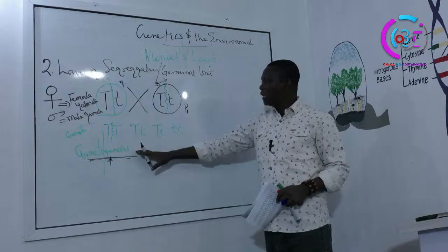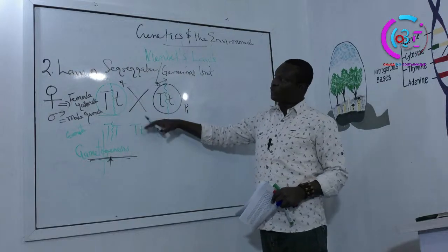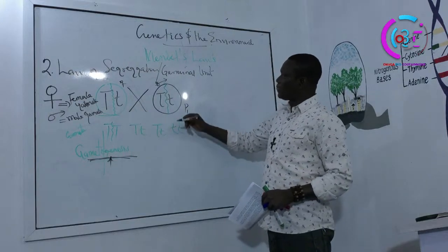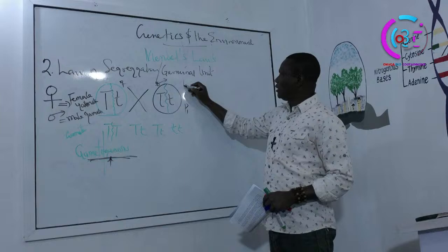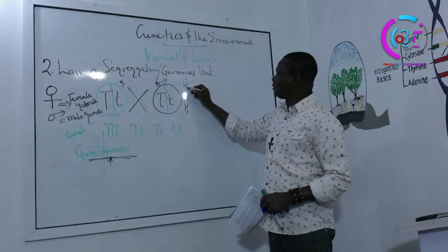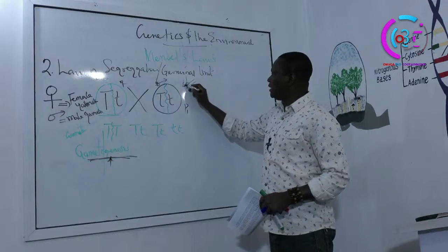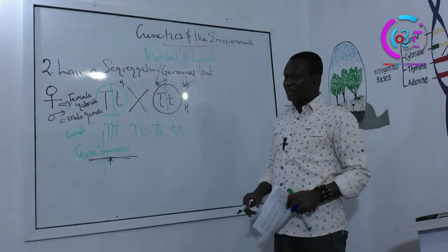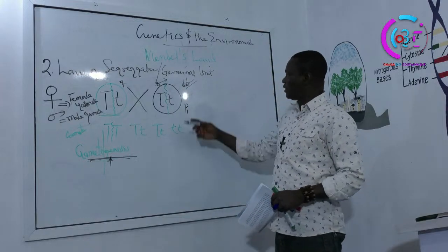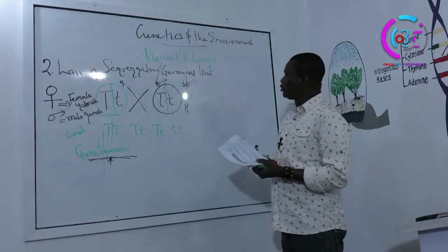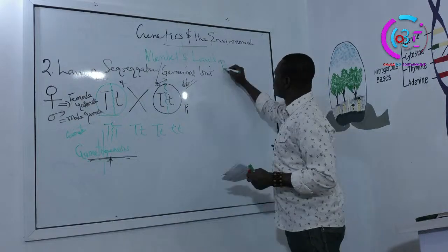Now, just like I told you earlier, this kind of crossing is no longer used because it is confusing. By the time you start using your crossing diagram, anything you have like this has a different genetical implication. That's why they introduced what is called the Punnett square.